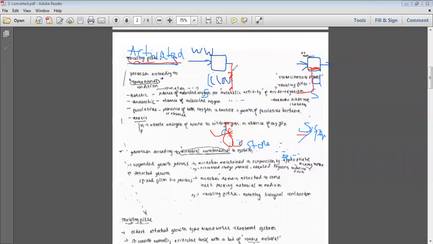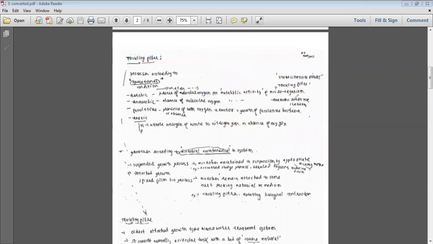So next I will talk about attached growth. Before that, I will clear everything. They can grow above some coarse material, any rigid coarse material like stone.